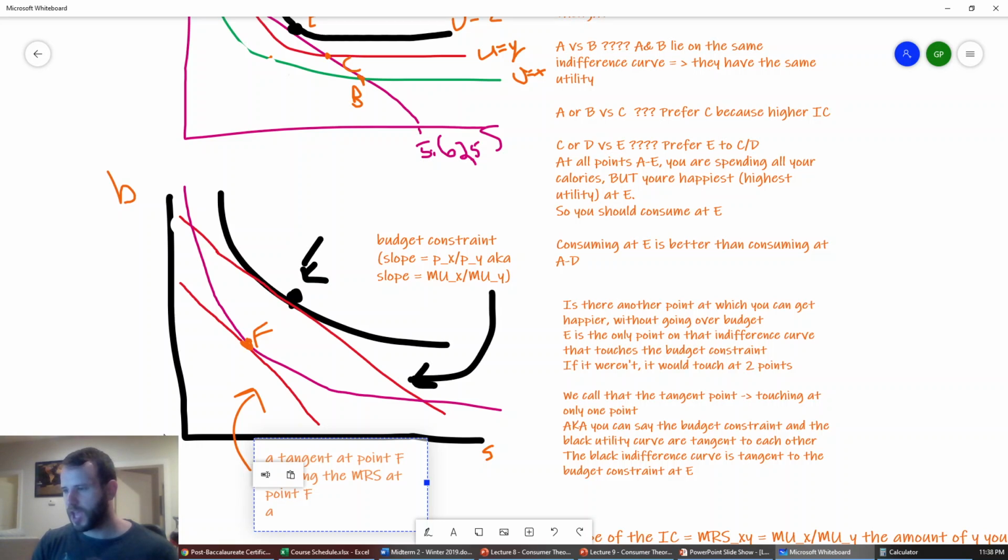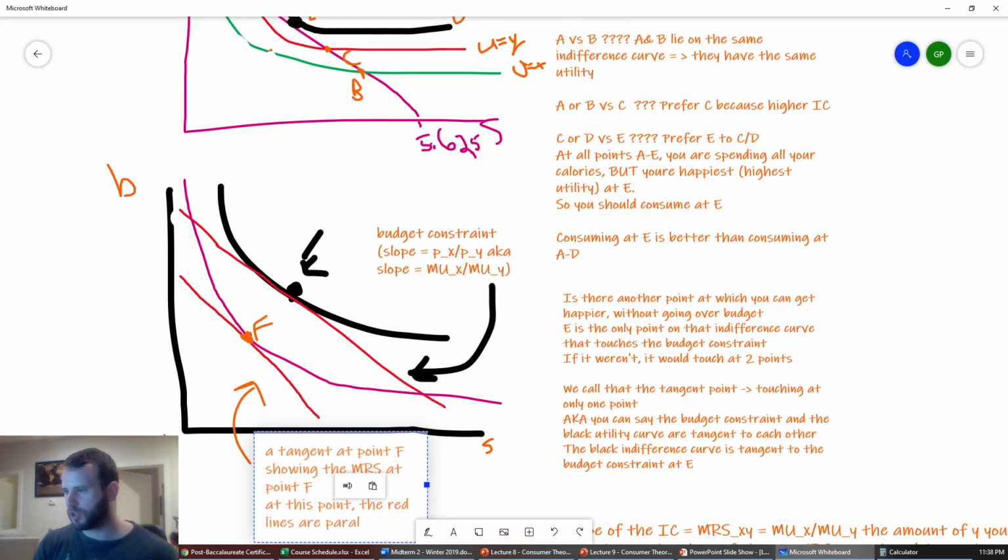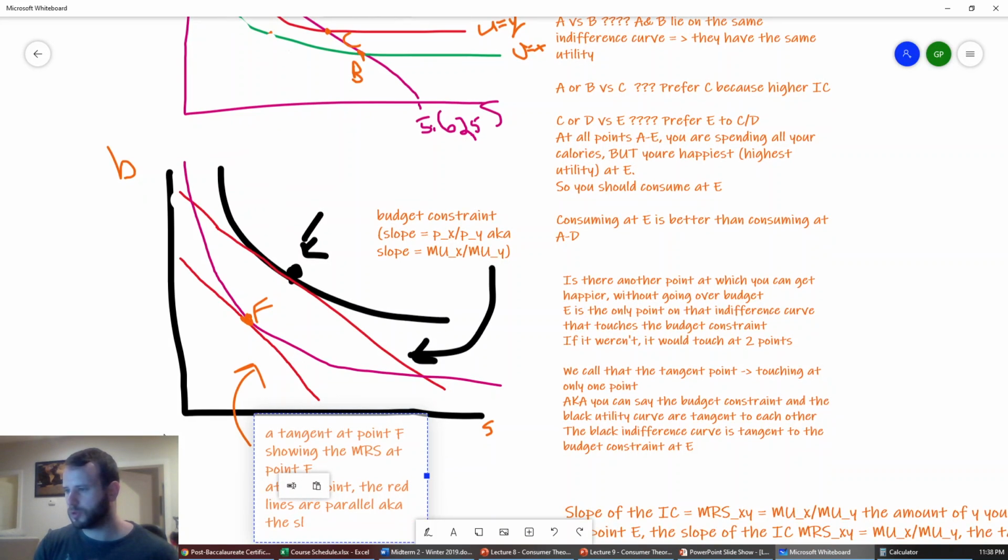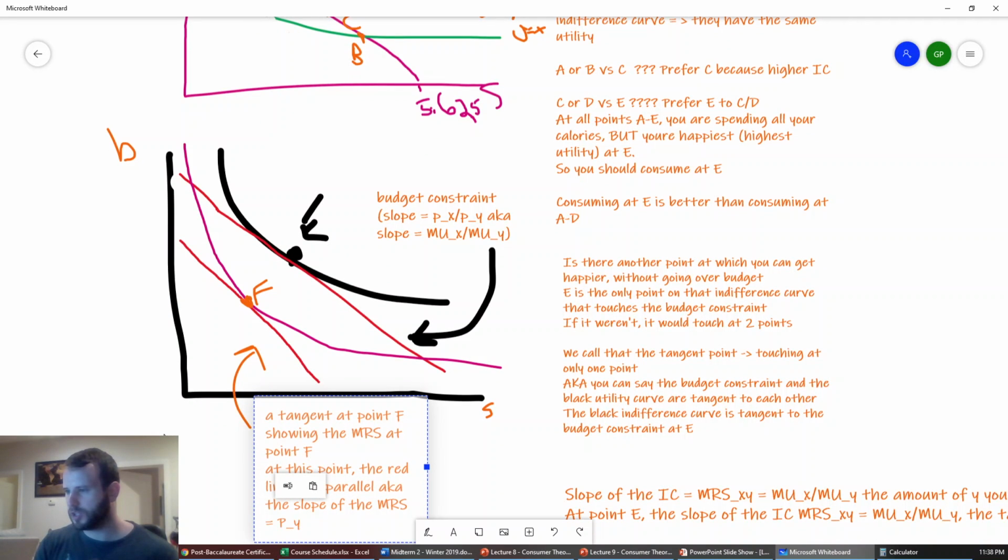And at this point, the red lines are parallel, aka the slope of the MRS is equal to Px divided by Py.